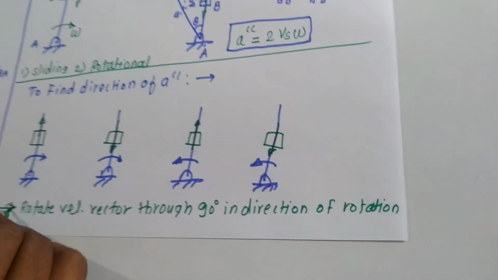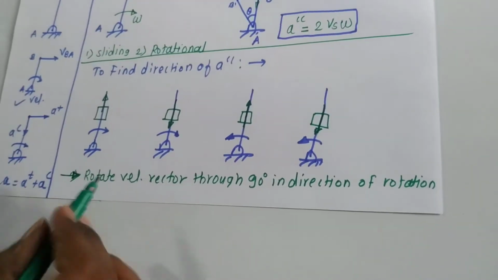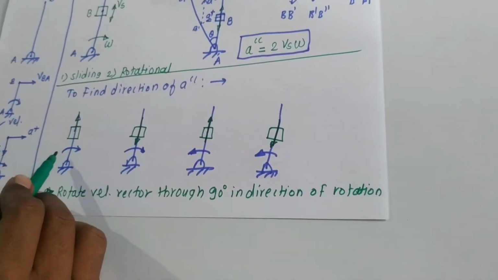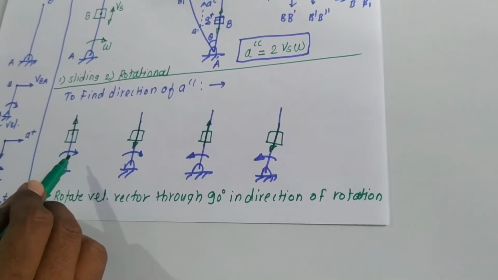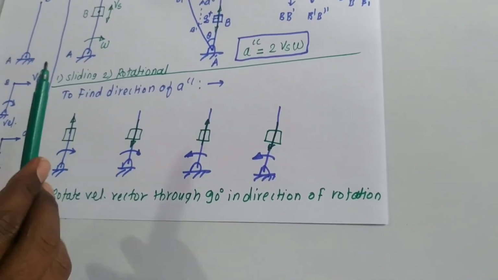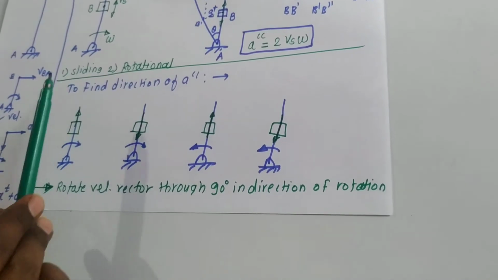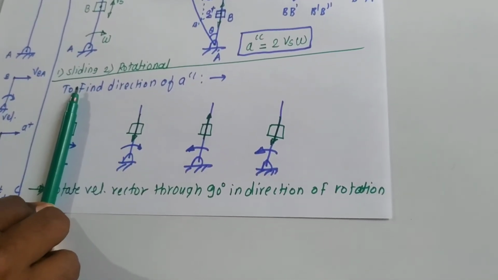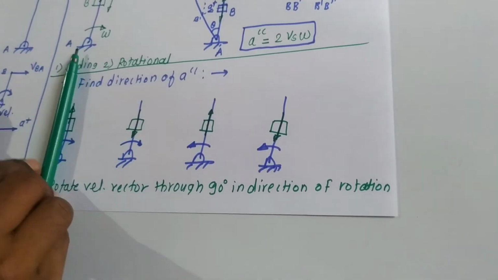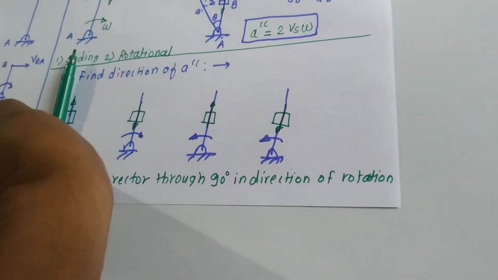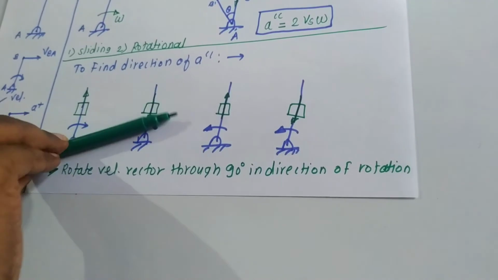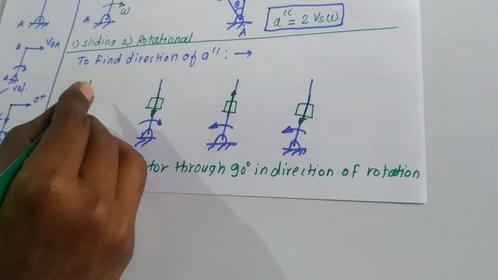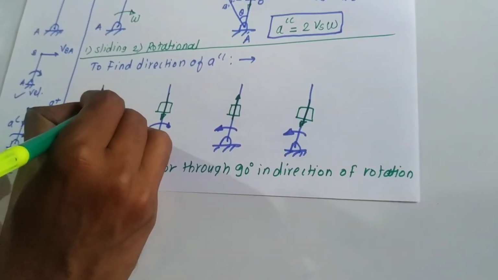This is the thumb rule, or hint, to find the direction. So how does it rotate? Clockwise. Where is your velocity vector? Here it is moving upward. So rotate this velocity vector clockwise, because the rotation is clockwise, through 90 degrees. If I rotate clockwise through 90 degrees, this is your direction, towards right. So my A_CC will be towards right.